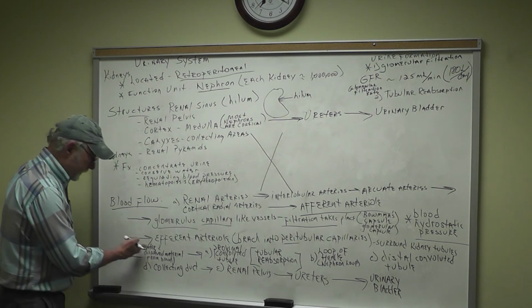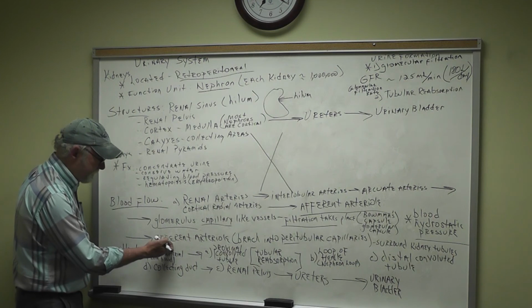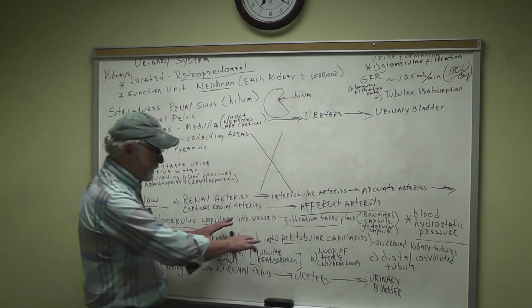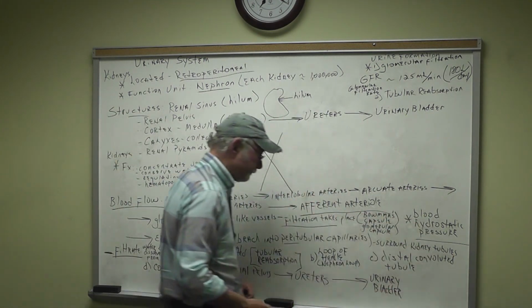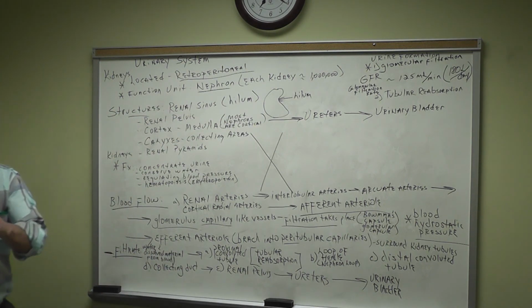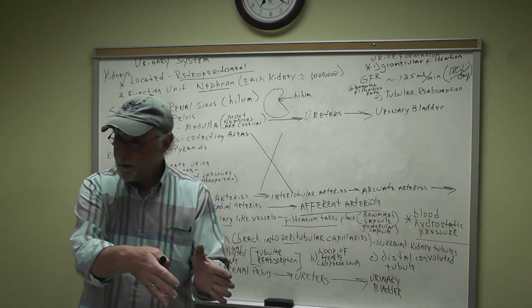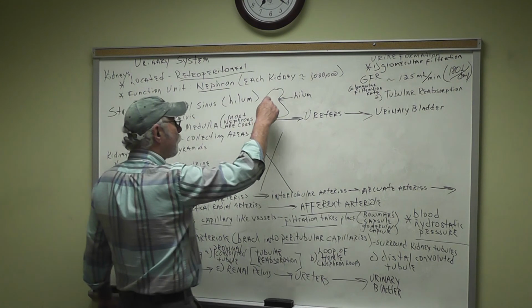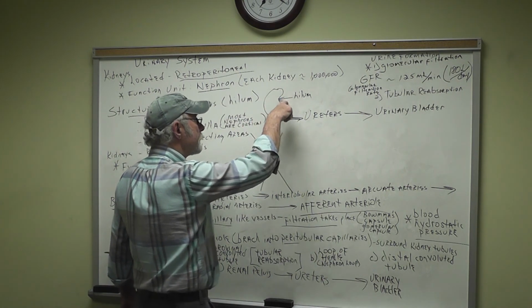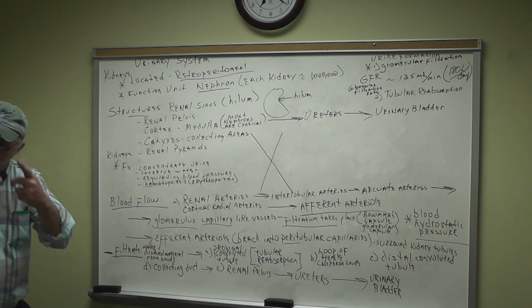The remaining blood leaves Bowman's capsule via the efferent arteriole, which then branches into these peritubular capillaries surrounding the kidney tubules. Those peritubular capillaries will become larger vessels like venules, and then the renal veins. The renal veins will come out of the kidney through this hilum, and they will empty into the vena cava, and then back to the heart.